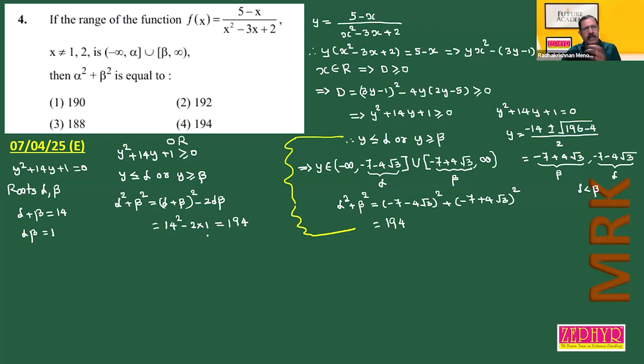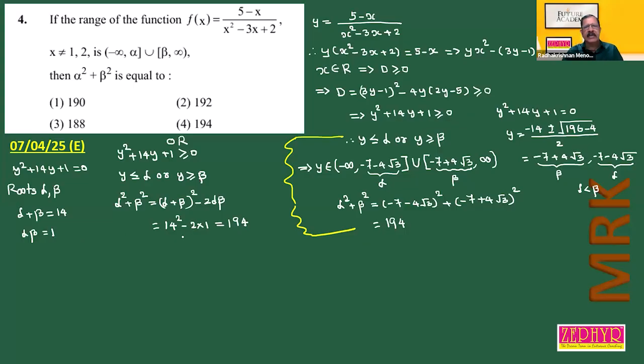So the method of finding out alpha squared plus beta squared is alpha plus beta whole squared minus 2 alpha beta. So once you are able to find out alpha plus beta and alpha beta from the corresponding quadratic equation, then it is easy for you.